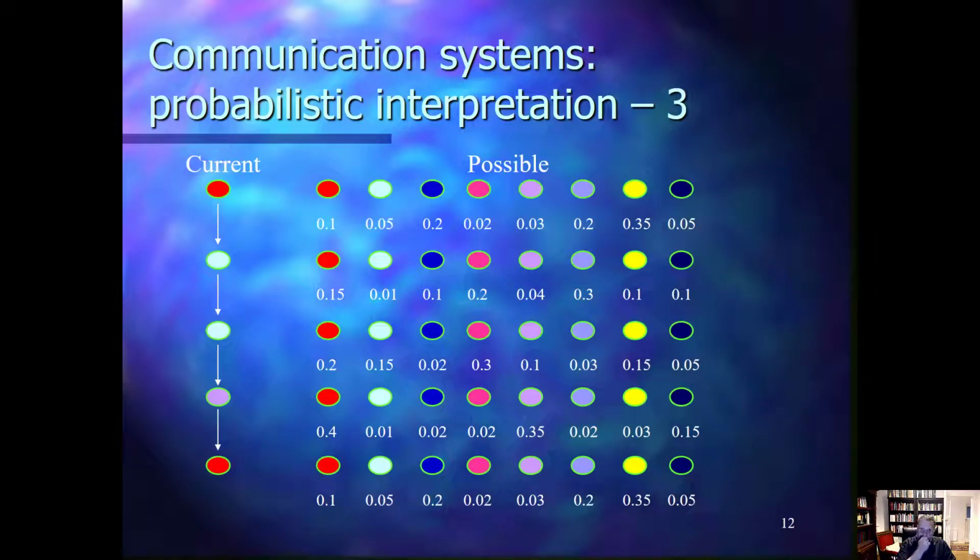So here what you see on the screen is a representation of this discussion. So you have on the left side the current communication represented by an oval with a color. On the right side you have the possible continuations. So you have a current communication, the red oval, and then you have a distribution over possible communications, possible continuations.